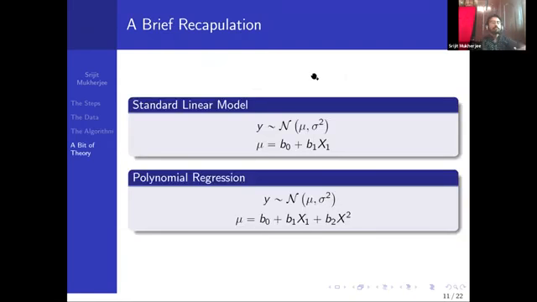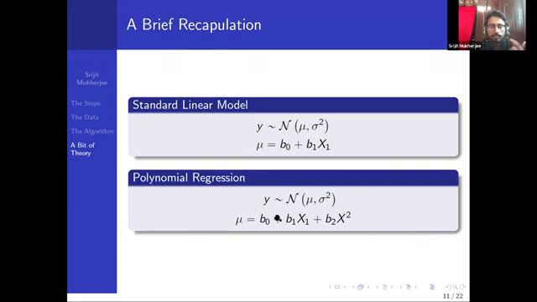So we will briefly recapitulate what we know. We know the basic standard linear model, in this format, where we equate mu linearly with the data xi. Then we have the polynomial regression framework, where we express mu as a polynomial. Remember that we are expressing an expectation of y given x, which is very important.